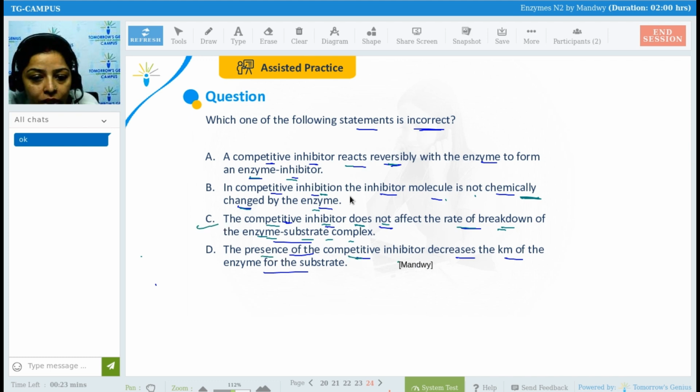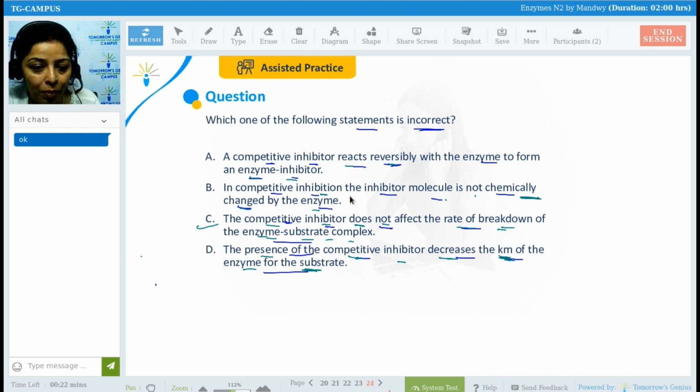The presence of a competitive inhibitor decreases the Km of the enzyme for the substrate, because they are competing with the substrate for the active site, right? And the Km constant is related to the substrate concentration, right?